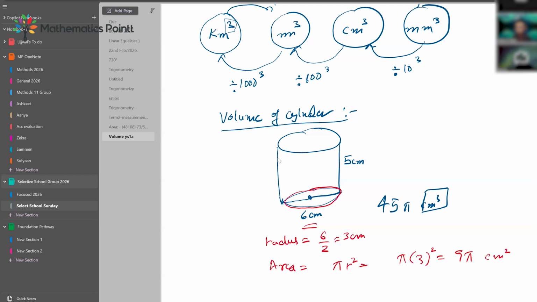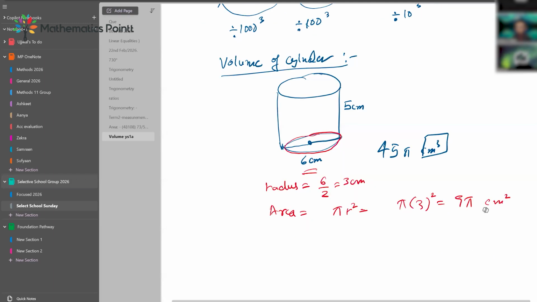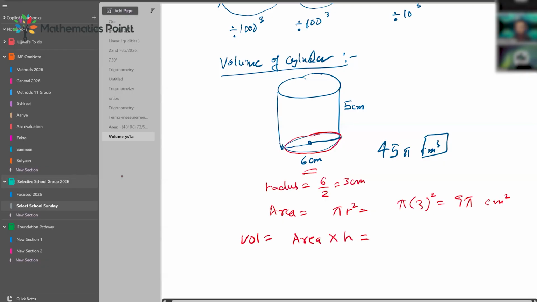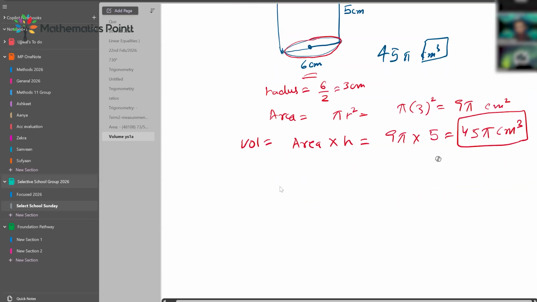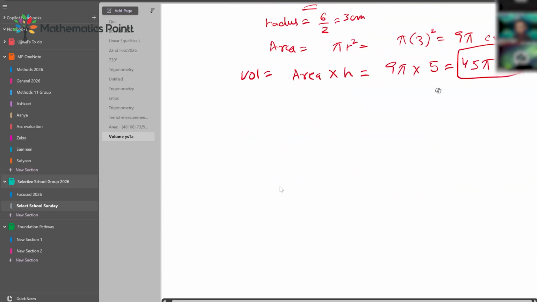And then I just times it by height. So the volume is the area times the height, which is 9 pi times 5, which is 45 pi centimeter cube. And then you put the value of pi and you get your answer.